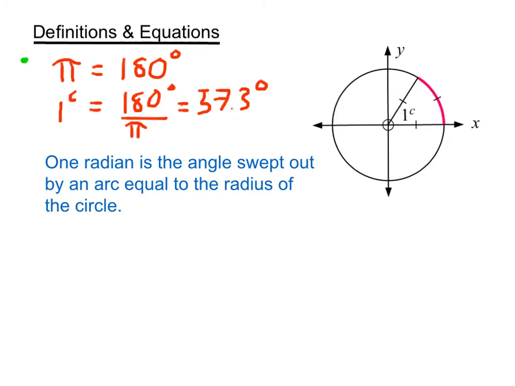If we're interested in finding the length of an arc AB in a diagram like this, where we know the radius and theta, it's actually much easier to use radians than degrees.